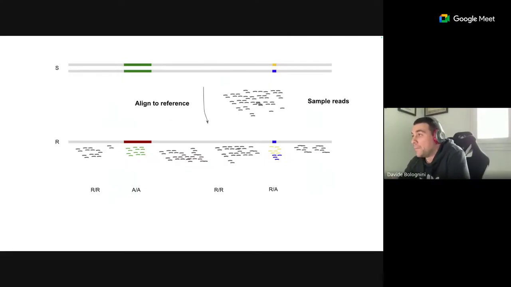And again, a final block, which is equal to the reference. This is usually represented in the VCF specification with the following entries: 0, 0, 1, 1 for alternate, and so on. This is the routine way to do genotyping from short reads.